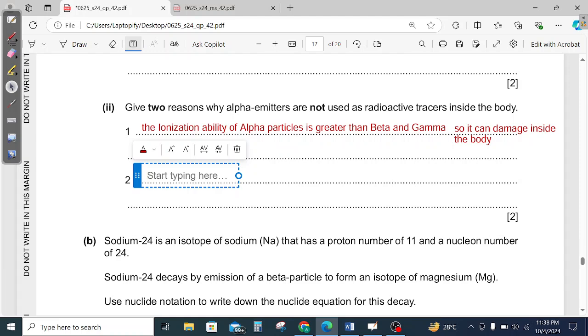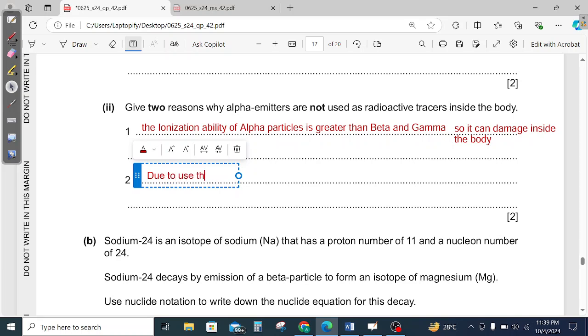If you look at the second reason, alpha particles use all their energy to ionize the body. That is why it could not come outside towards the detector. That is why we will not use alpha particle to trace inside the body.